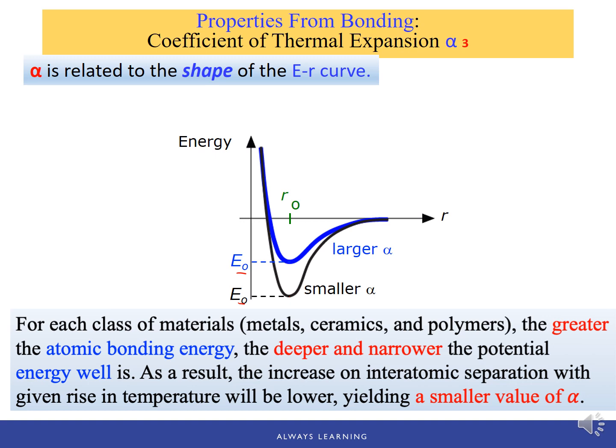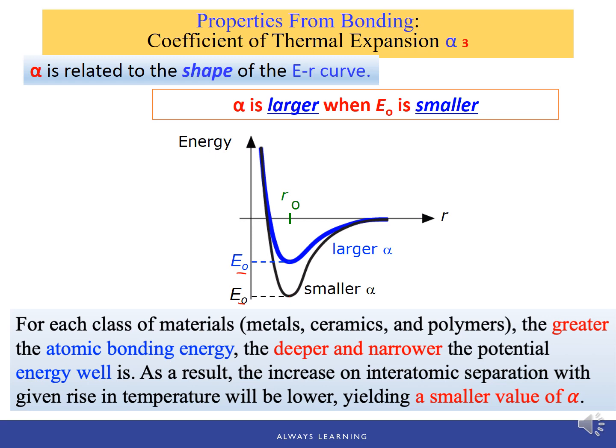To make it simpler, we can say when E0 is smaller, then alpha is larger. Or when E0 is larger, alpha is smaller. Again, the deeper, the narrower. The narrower, the more symmetric it is.